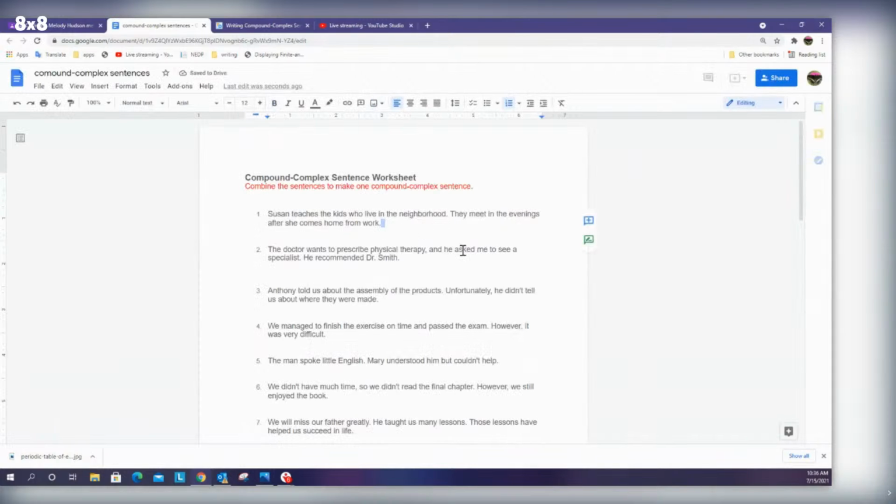The directions say to combine the sentences to make one compound complex sentence. So we know that we must have a dependent clause and two independent clauses. You've got two sentences here, and we're going to combine them into one.